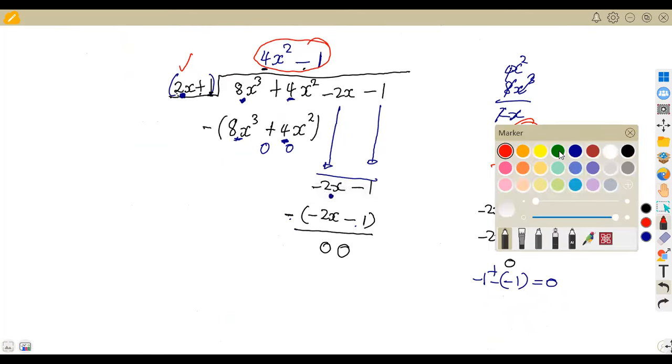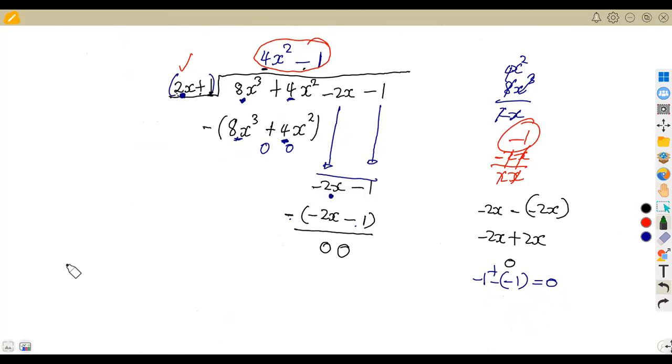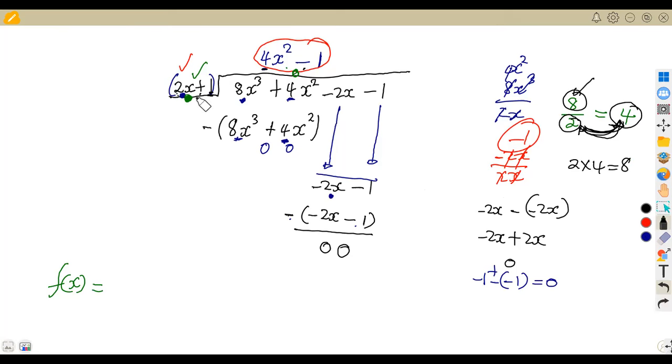Just like 8 divided by 2 is 4, so if I multiply 4 and 2, I must get 8.